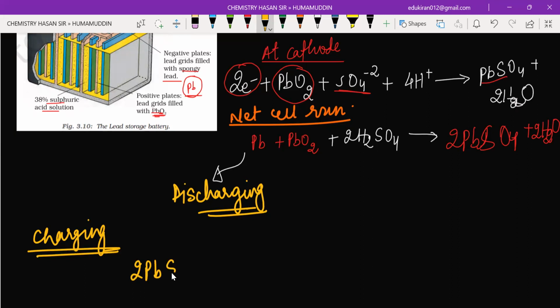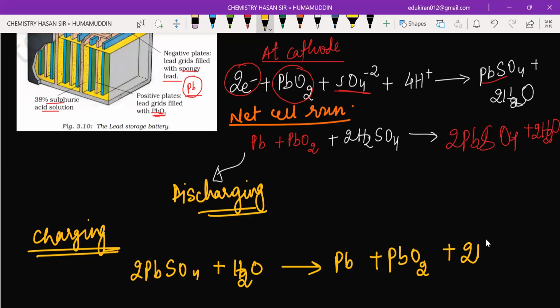When you put this on charging, the reaction will be reversed. Are you getting my point? Yes, sir. The reaction will be reversed and then it is charging. So please do write it. This reaction is for discharging. The reaction which I am writing is for charging.